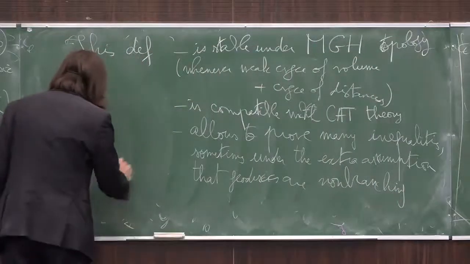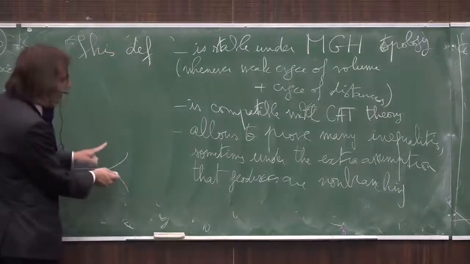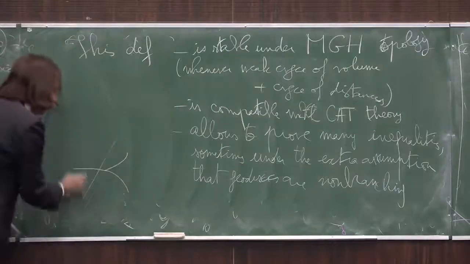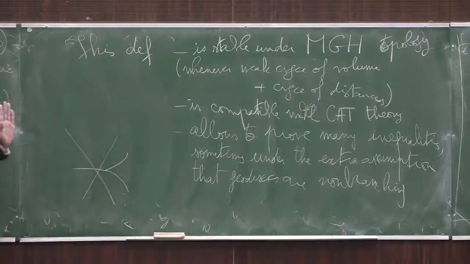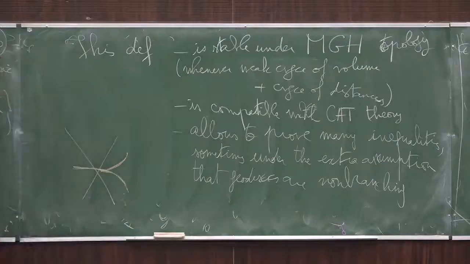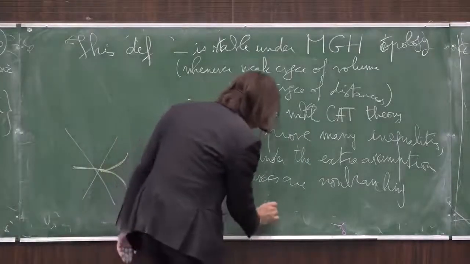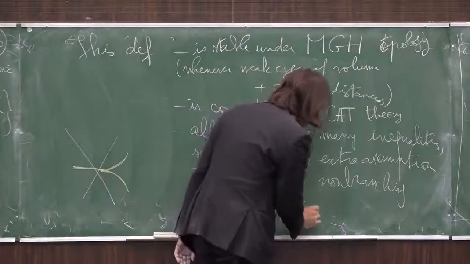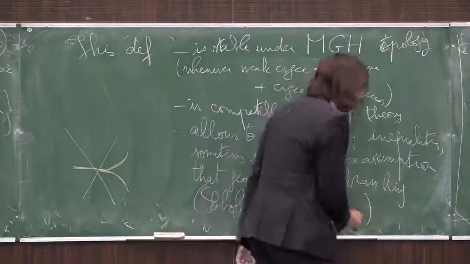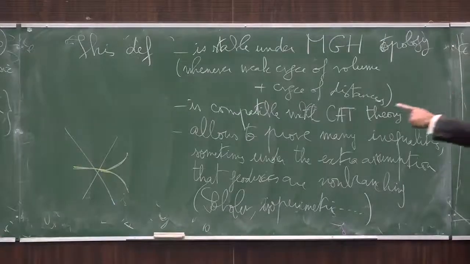Non-branching means that you can never have this, which means a geodesic separating into two geodesics. If you forbid this, it means your space is non-branching. For instance, Sobolev inequalities, isoperimetric inequalities, etc.